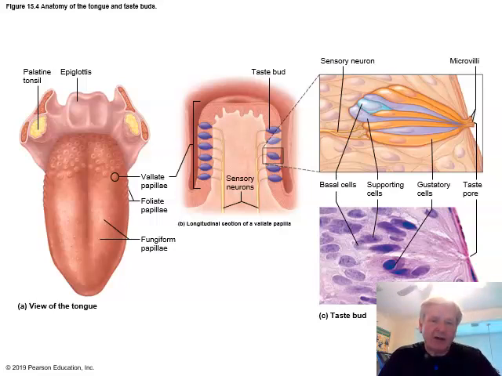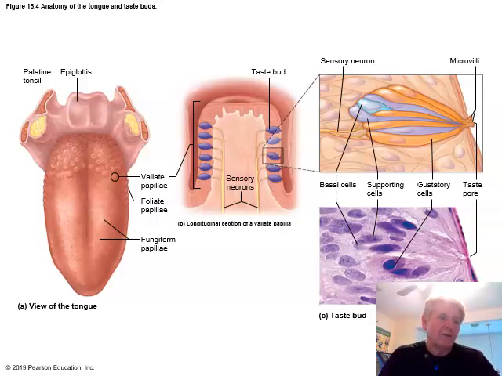Vallate or circumvallate papillae are on the back of the tongue. These are fairly large. You can see a vallate papilla in figure B from this longitudinal view here. The taste buds are on the lateral surface of the papillae.